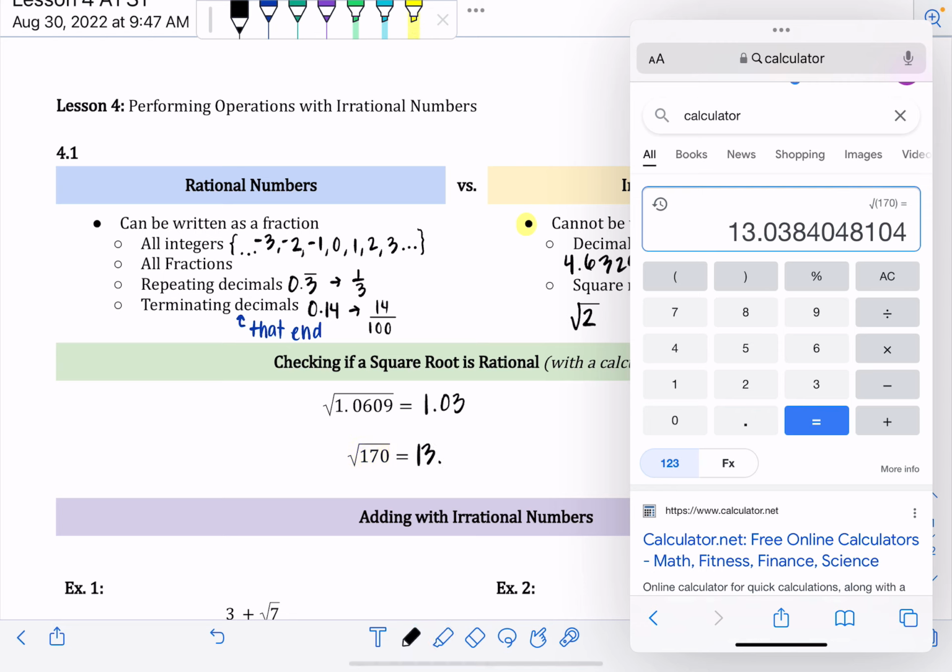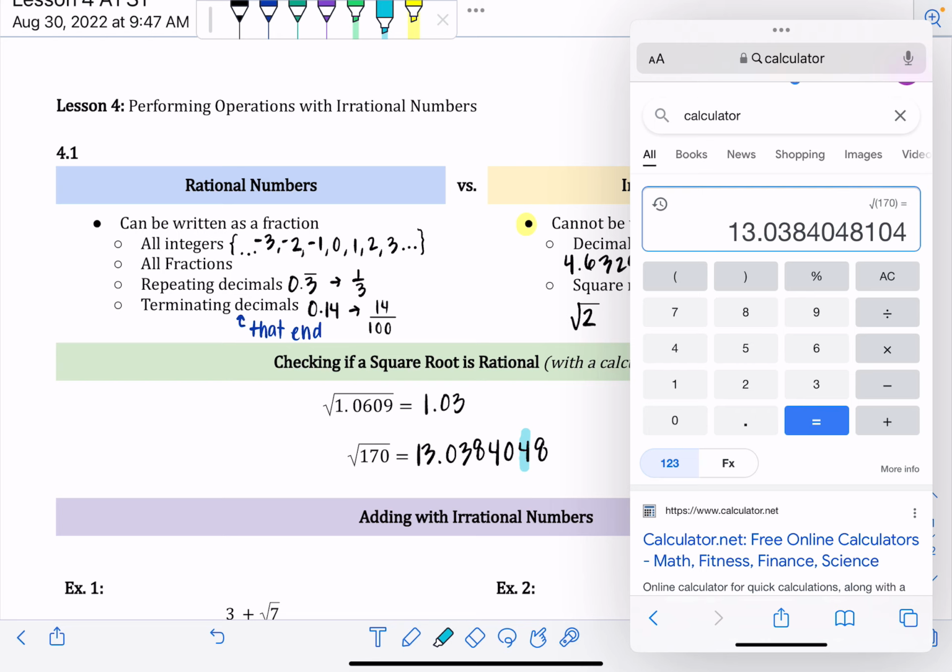So 13.0384, I'm going to go 048, and then just do a little bit of a rounding review. Let's say I wanted to round to 6 decimal places, so I wanted to round to that 4 decimal spot.